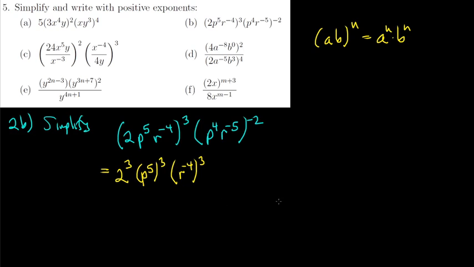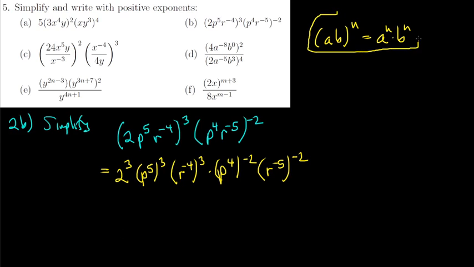All of that gets a power of 3. And then what gets a power of the negative 2? Again, everything in the parentheses here. So p to the 4 to the negative 2, and then r to the negative 5 to the negative 2. Okay, so I'm just repeatedly using this rule here, which again, you should know.